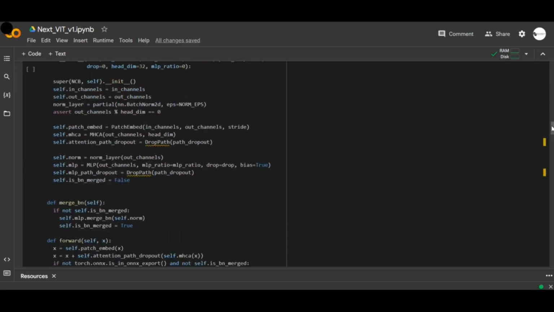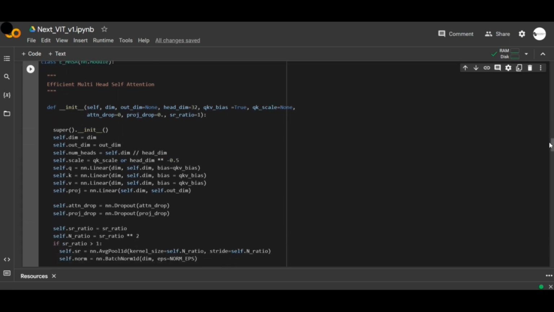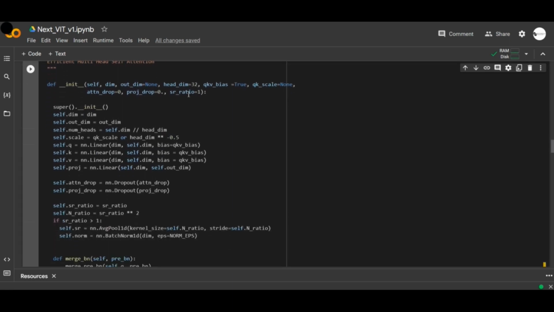So we're going to take a closer look into the efficient multi-head self-attention, whereby we take in the dimension, output dimension, and the head dimension, which is by default equal to 32, and query key value bias. So what we have here is that the number of heads is going to be the dimension integer-divided by the head dimension.